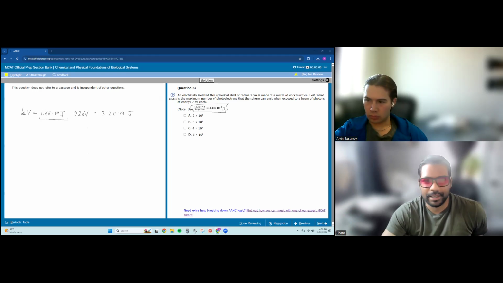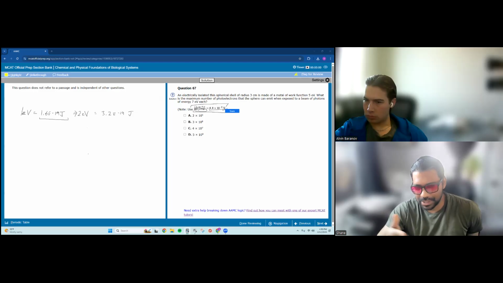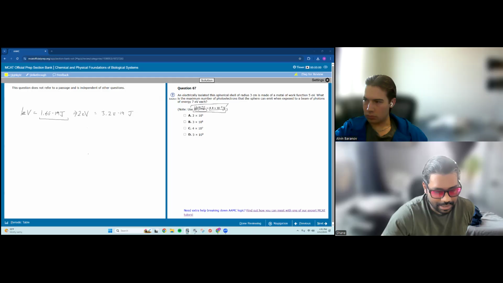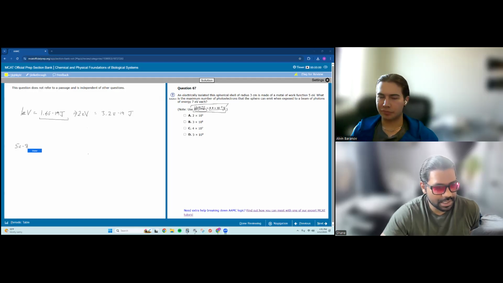But we don't have to really worry about the denominator here, because we have this value that includes the charge and the value on the top. So this is going to be, I just rounded it to 5 times 10 to the negative 8 volts.